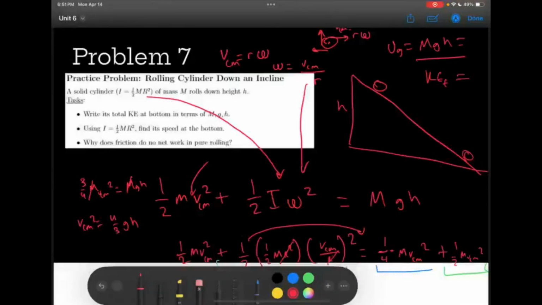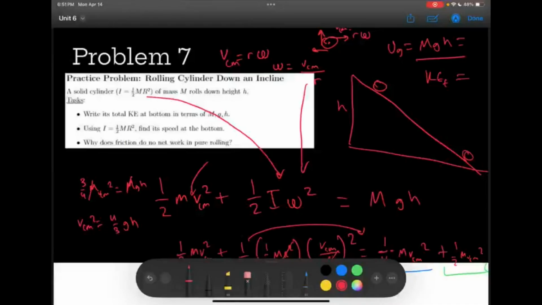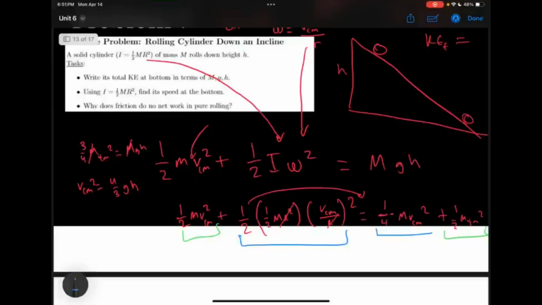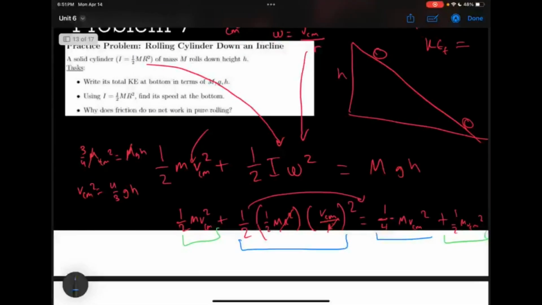Okay, so now I've done some off-screen algebra. We have our total kinetic energy at the bottom here, so I just expanded that out. It's 3/4 times m times the velocity of the center of mass squared.